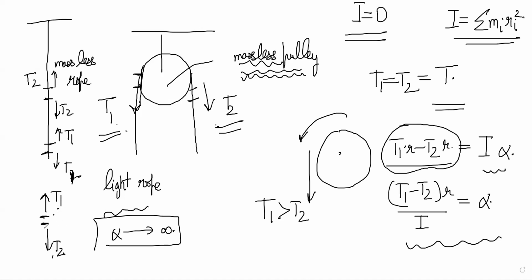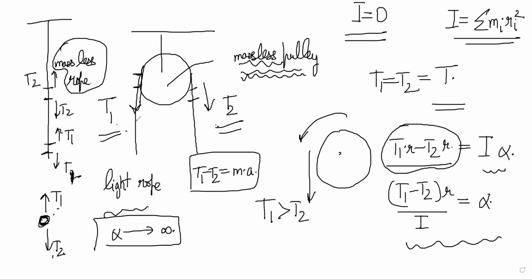And then if they are unbalanced, this element will have acceleration. But when you calculate the acceleration, T1 minus T2 is equal to m times a, and the element was massless because we had said that the rope was massless. So again, you will get infinite acceleration. Because the element is massless, the tensions cannot be different.